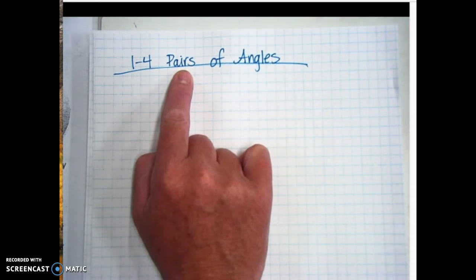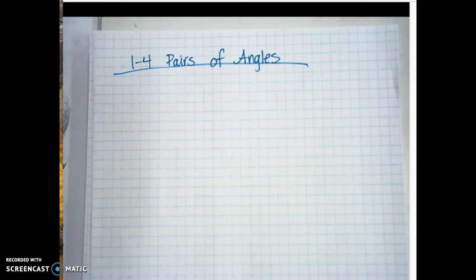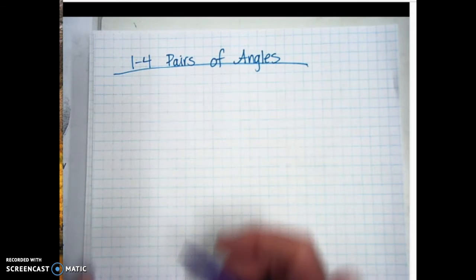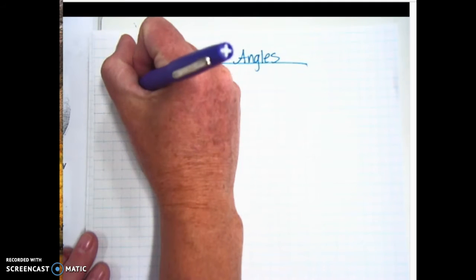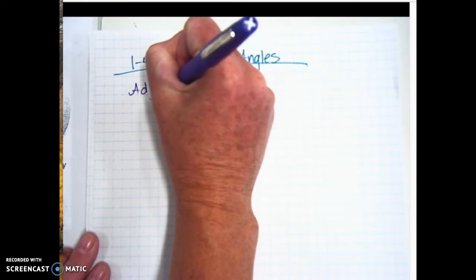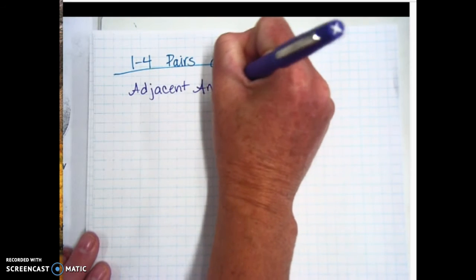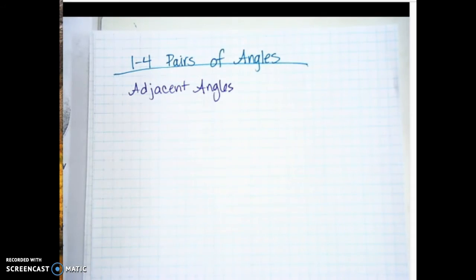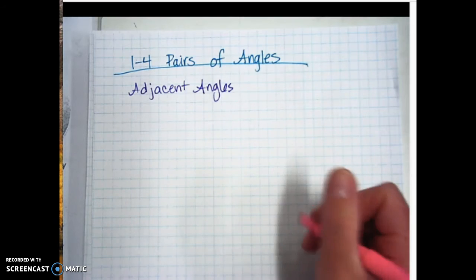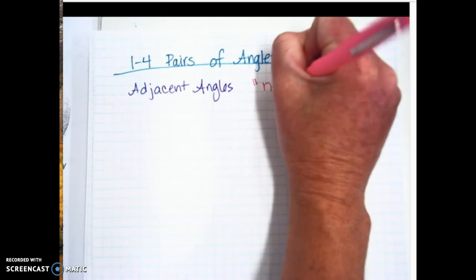What does the word pairs mean? Two or more in this case. You might have more. One we touched on yesterday, but didn't go into great detail, was adjacent angles. Sort of mentioned it in passing, but you're going to see it again today. Basically, adjacent angles just mean next to each other.